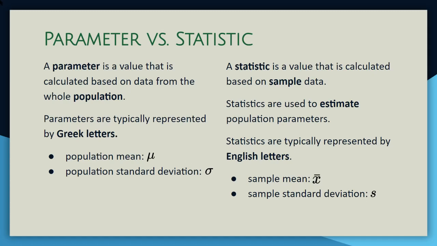A parameter is a summary value that's calculated based on data from the whole population, P with P. A statistic, on the other hand, is a value that's calculated based on sample data, S with S. When you're looking at symbols, it's usually easy to tell which one's which. Parameters are almost always Greek letters, mu and sigma here, whereas statistics are almost always English letters, X with a bar over it, and S.